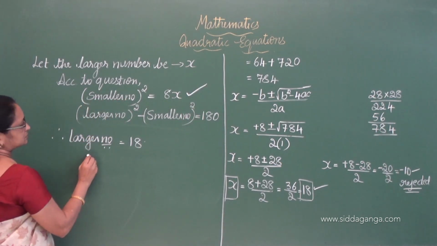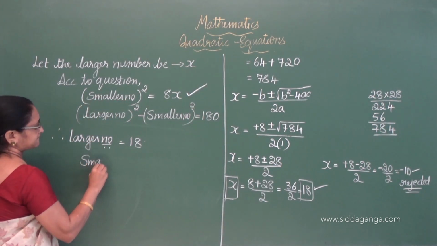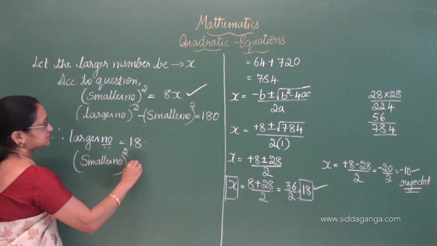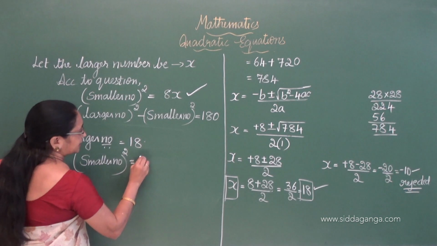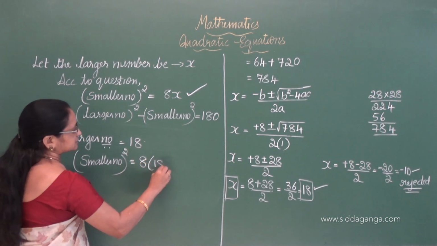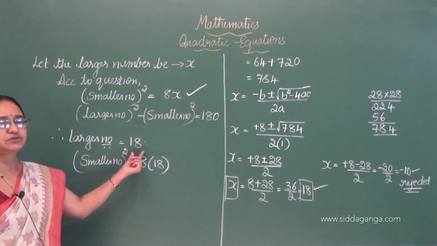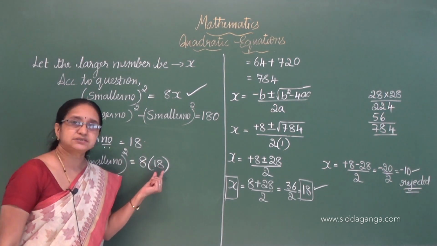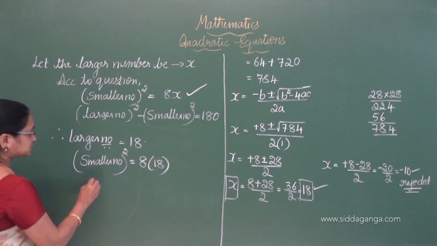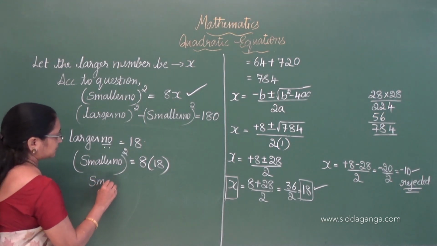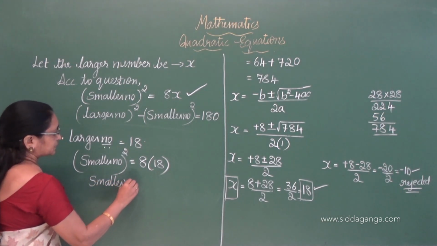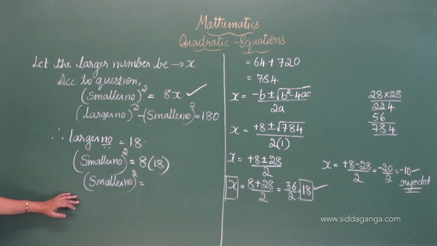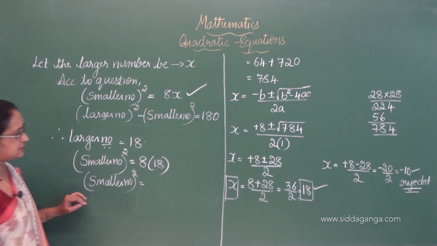The smaller number whole square is equal to 8 into x. What is the value of x? x is 18. Now the smaller number whole square is equal to 18 8s.